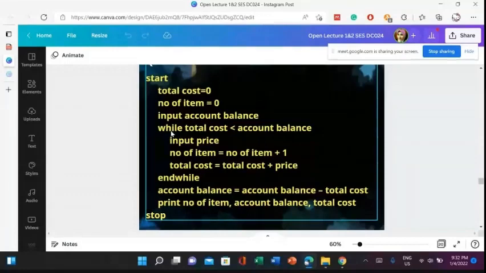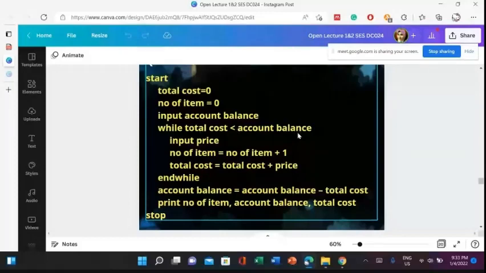We can also start with repeat while total cost less than account balance. Because if it's more, we cannot pay because our balance is not sufficient for us to pay. So that's why total cost should be less than account balance.